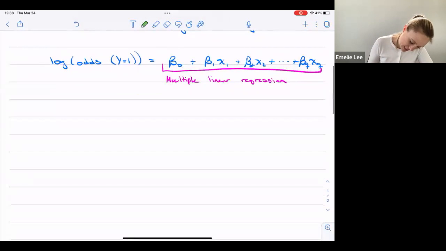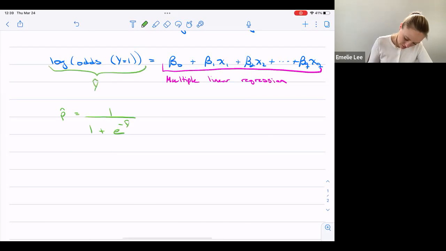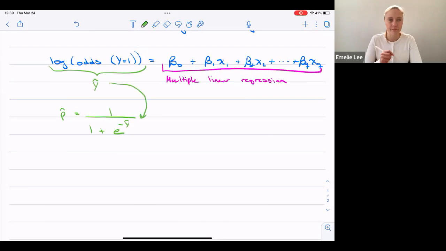And so P, or technically P hat, let's say, is 1 over 1 plus e to the negative y hat, where this is going to be your y hat. So you can still be given some values of x1, x2, x3, x4, and you can still plug them in and you can still get a predicted value of y, right?